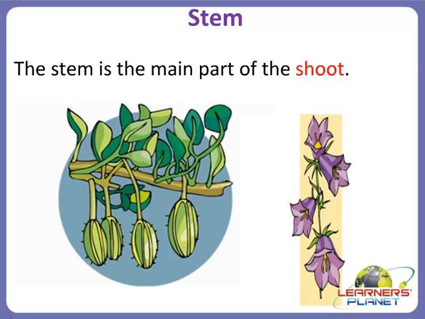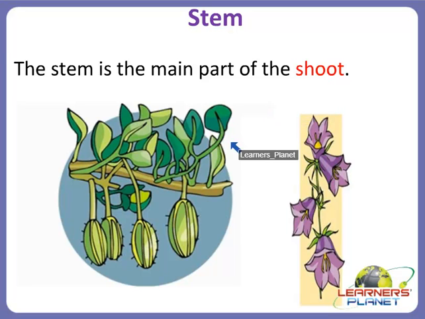Now we will study about stem. So children, what is a stem? The stem is the main part of the shoot. Try to recall, children, what is shoot? The part above the ground is called shoot. So children, stem is the main part of the shoot.